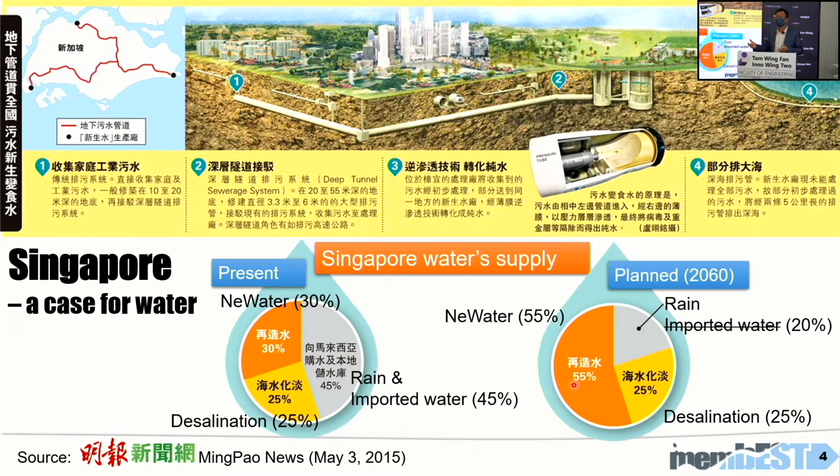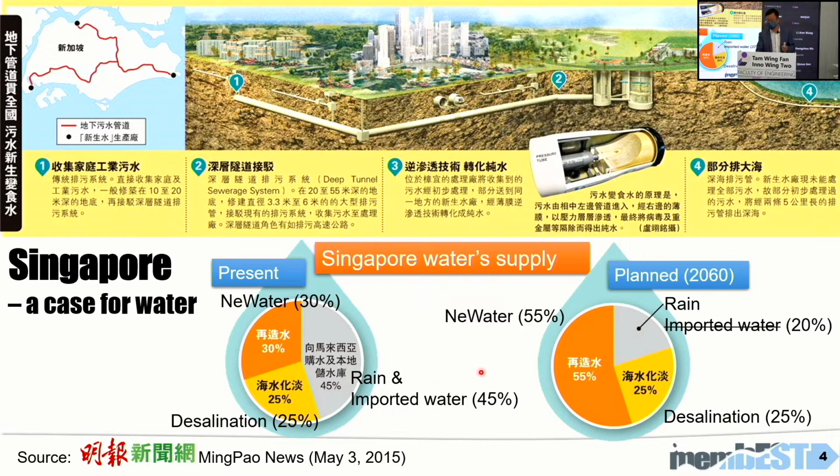the reuse of wastewater. If you look at the statistics, at this moment about 30% of Singapore's water supply is through reuse of wastewater. They call it new water. They give wastewater another life. And another quarter of the water supply comes from desalination of seawater.